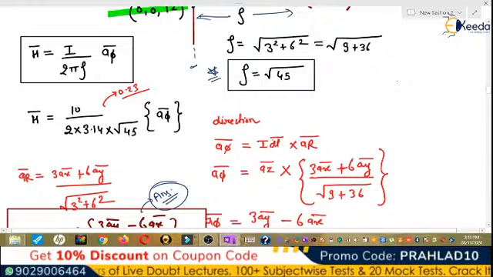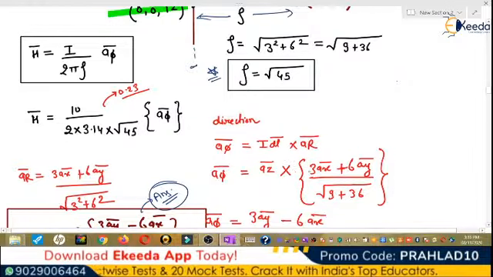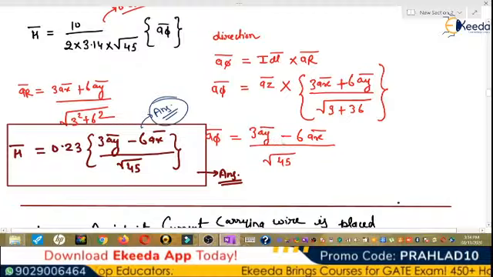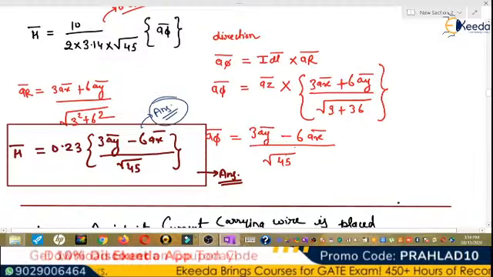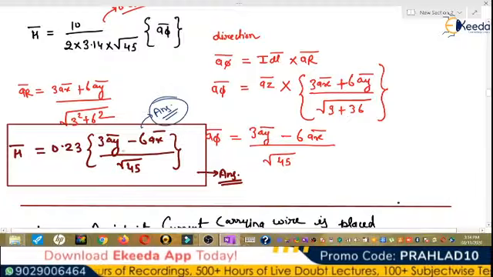As the current carrying wire is placed along the z axis, a_phi vector is az cross aR vector, which is (3ax plus 6ay) by square root of 9 plus 36. So a_phi vector is az cross ax, which is (3ay minus 6ax) by root of 45. We will solve it and we will get our answer. H vector is 0.23 times (3ay minus 6ax) by root 45. So this is our desired answer.